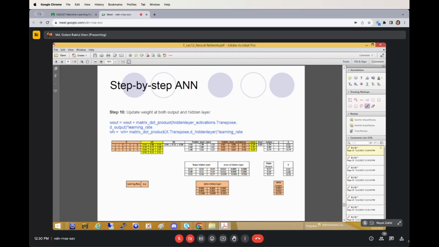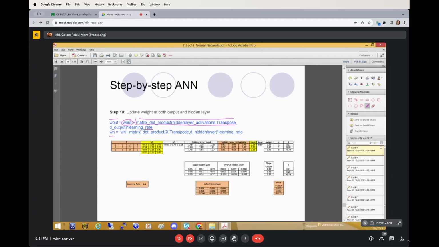So from the delta hidden layer, now we can find the updated weight of the output layer and the updated weight of our hidden layer. In the case of the updated weight in the output layer, this is the previous weight, plus the delta.